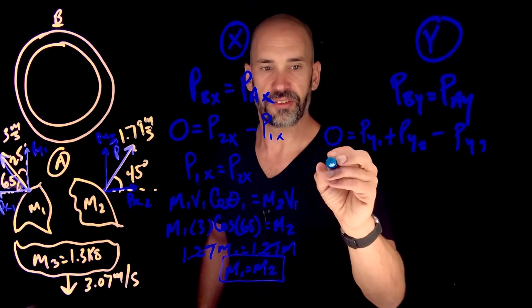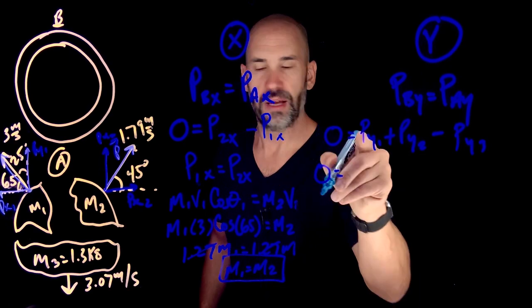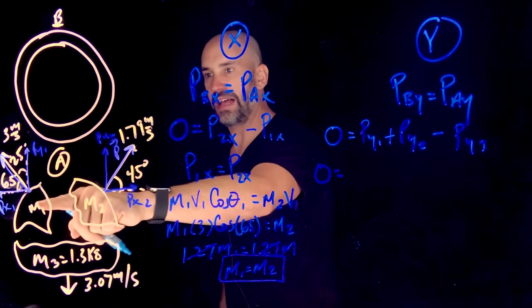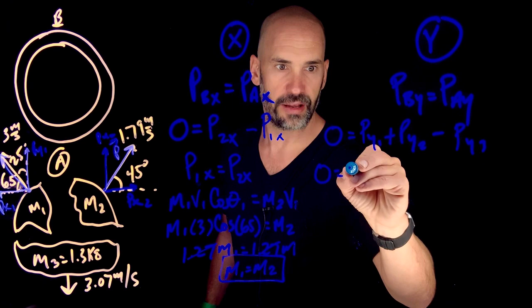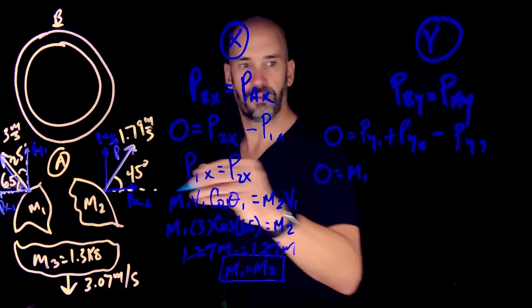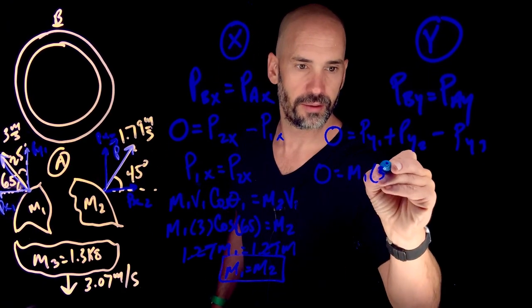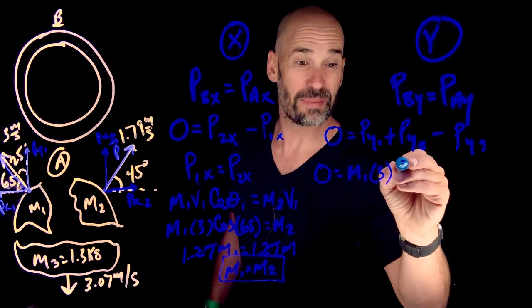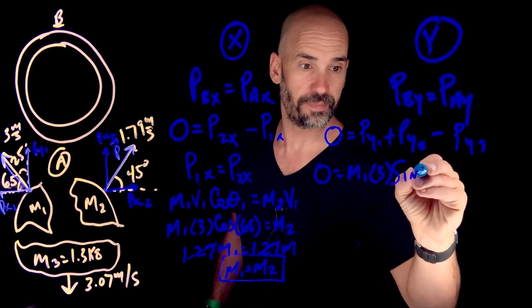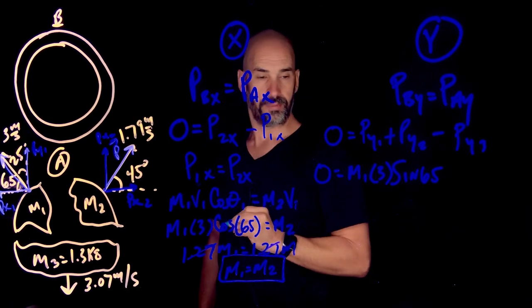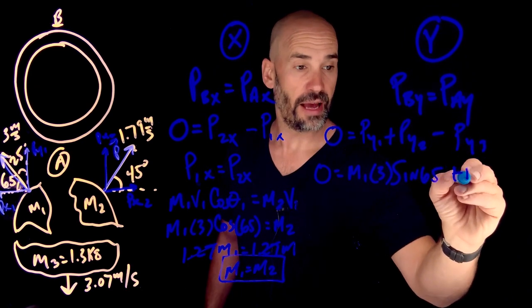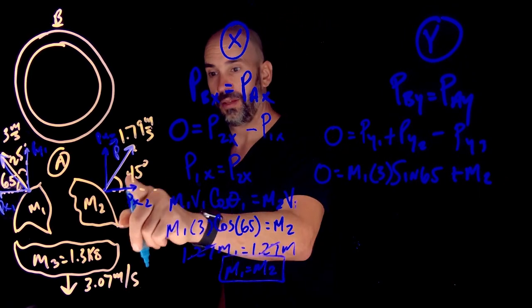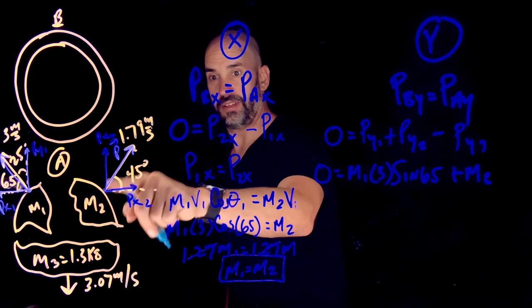So let's start substituting our values in. py1, well, that's going to be the mass of one, which we're still trying to find out, m1, times v, again, that's 3, right, times sine of 65. And now we want to add to that our m2, right? That's this guy, which we still don't know.